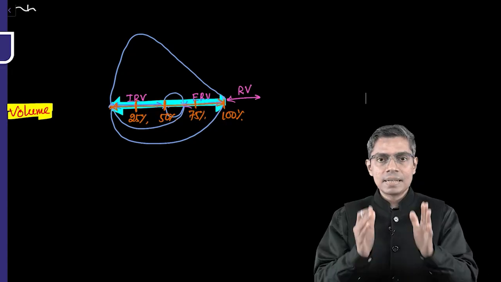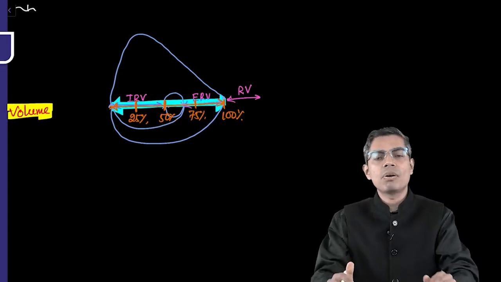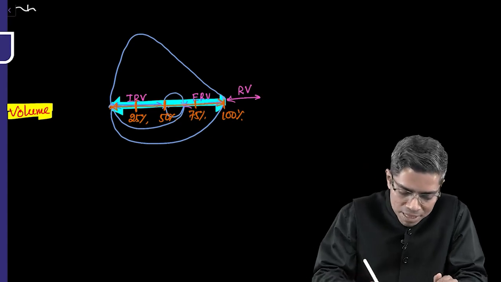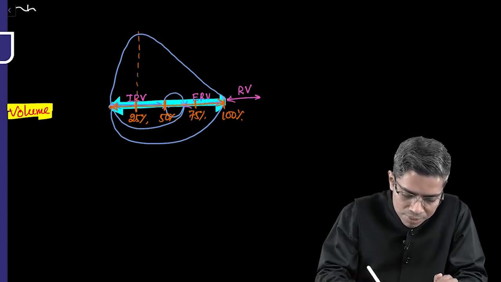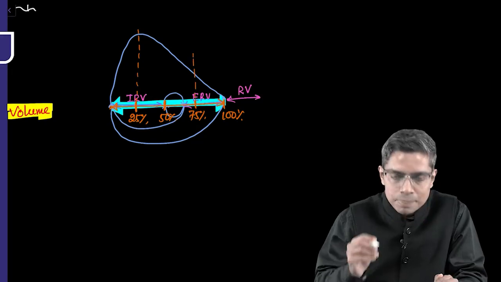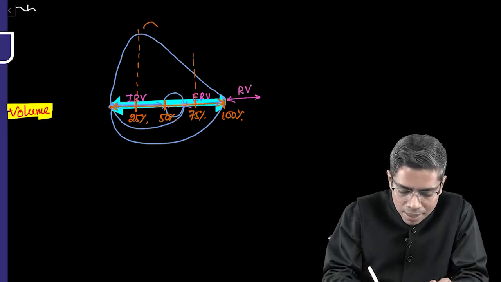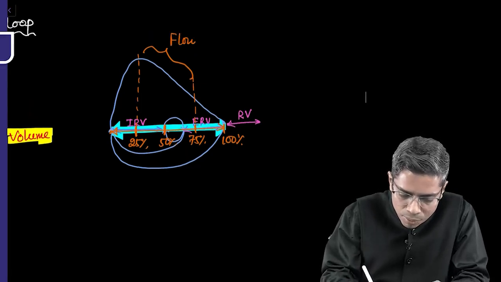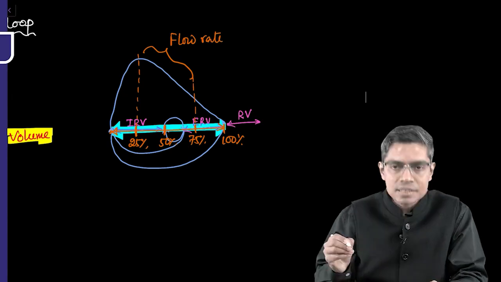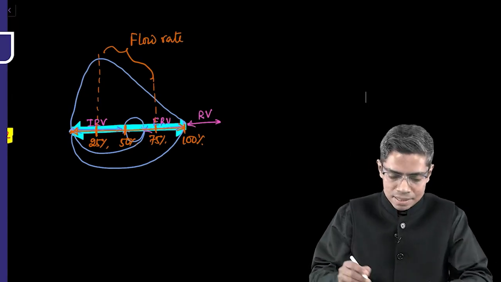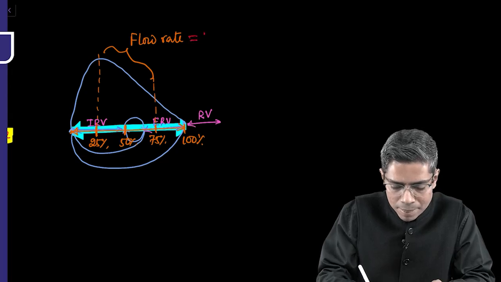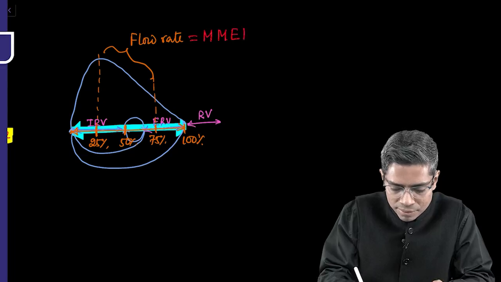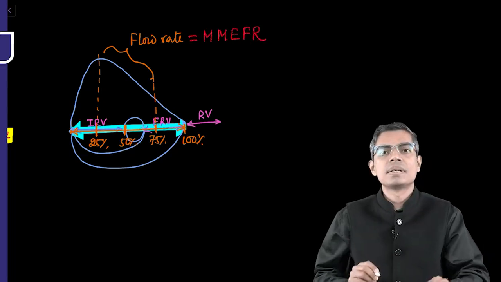If I take the middle 50% of this FVC, so middle 50% means from this 25 up to this 75%, and if I measure the average flow rate during this period, this is known as maximum mid expiratory flow rate.